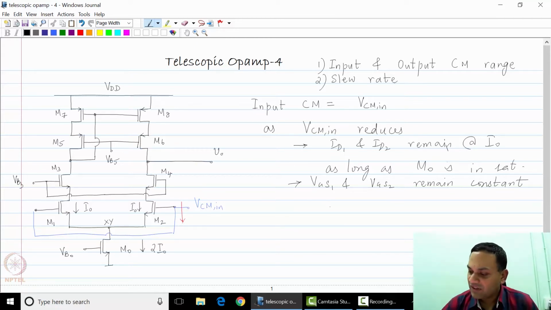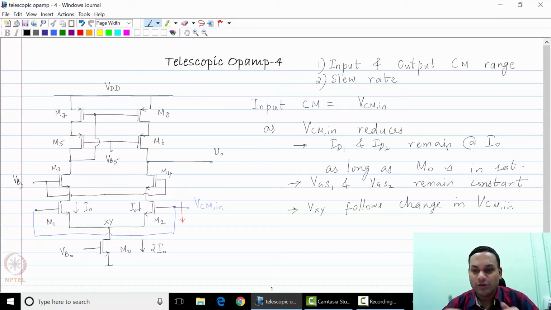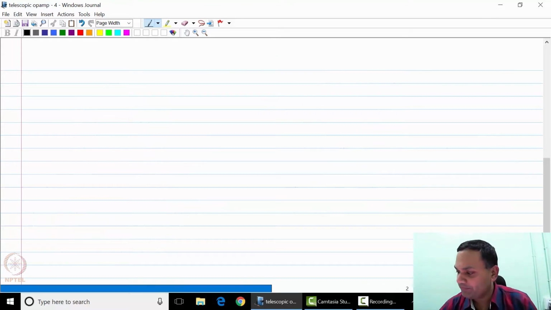And finally, this means that VXY follows the change in VCM in. So as VCM in is reduced, VXY also reduces till M0 goes to the edge of triode region.